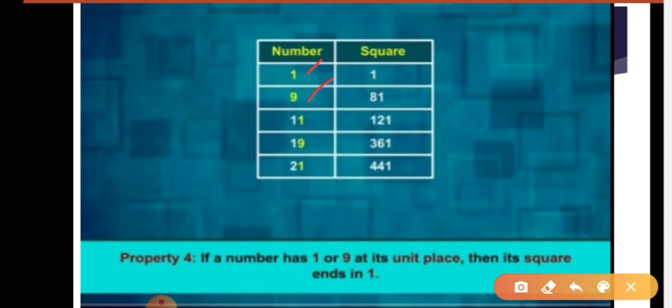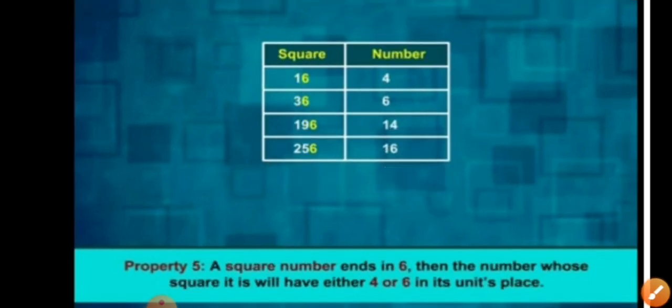When you do the square of such numbers, the unit place of all the results is 1. So property 4 says that if a number has 1 or 9 at its unit place, then its square will always end with 1.